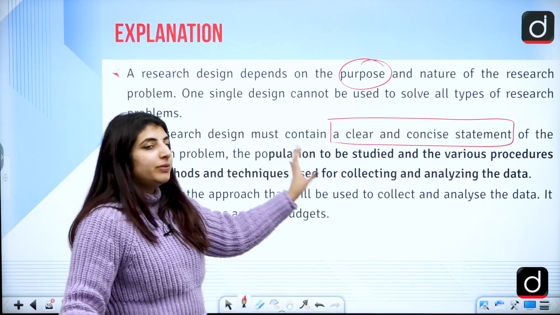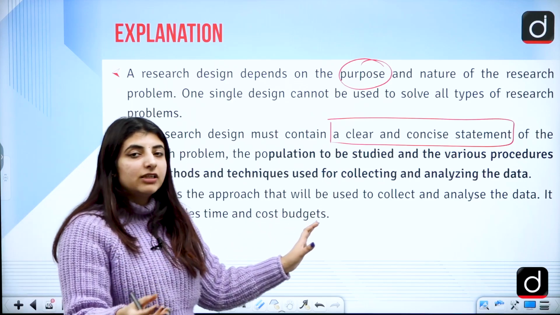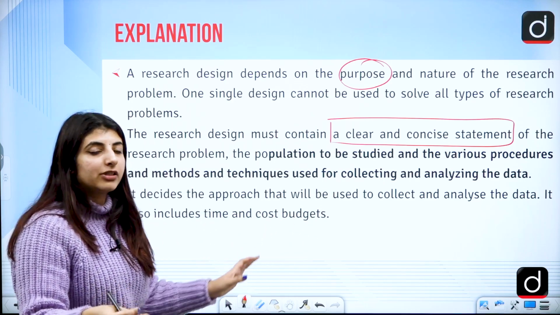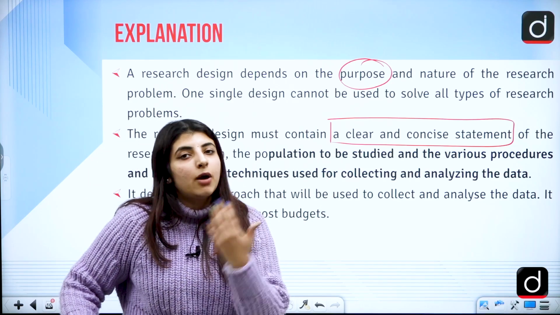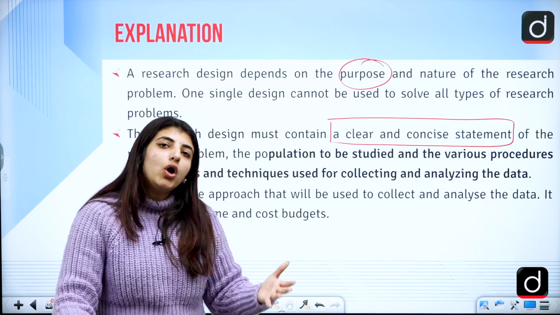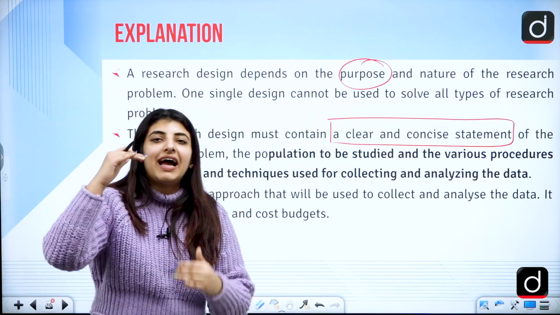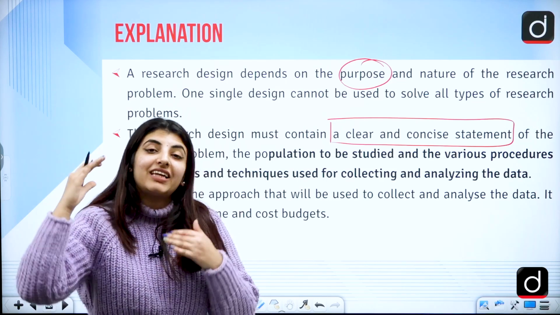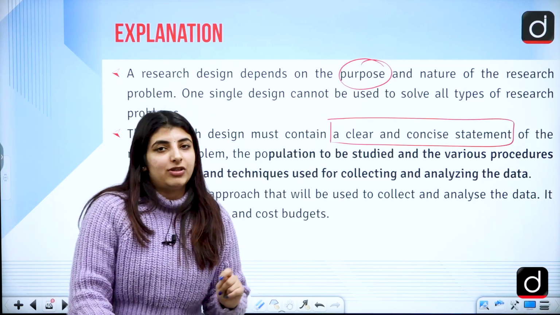The population to be studied, the samples, and how you will be drawing out the samples. Will those samples be selected through the probability sampling technique or the non-probability sampling technique? So all in all, you will have the entire program, the entire recipe of doing your research handy if you create a research design.